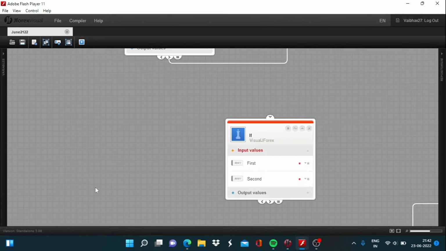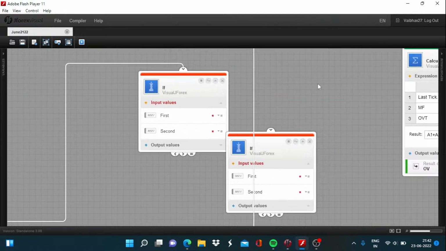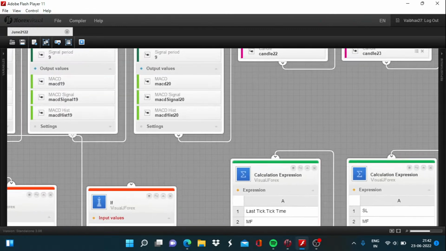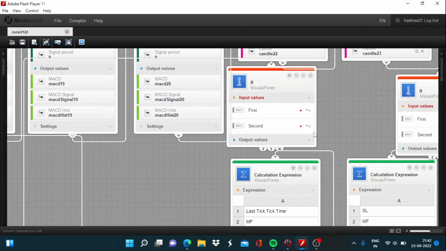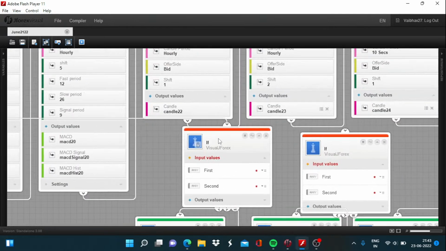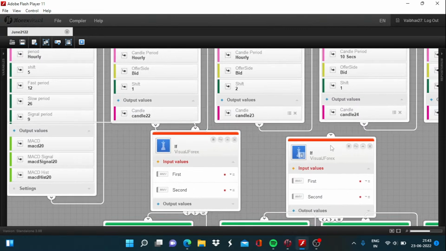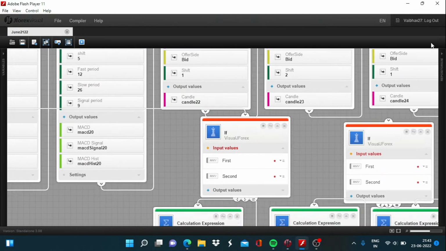We need last hour closing level to be less than opening price. So we have to consider candle 22nd, candle 23rd. The opening and closing prices of both these hourly candles will need to be compared.